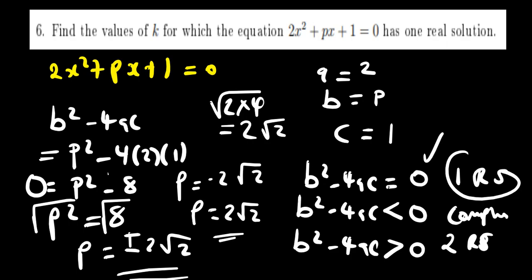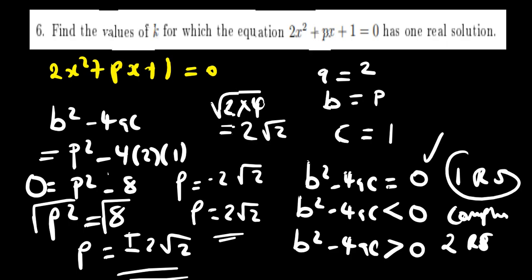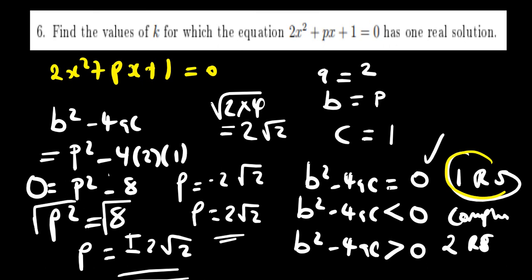Find the values of k for which x squared plus 6x plus k equals 0 has two real solutions. They've just said real solutions, because even one is a real solution.